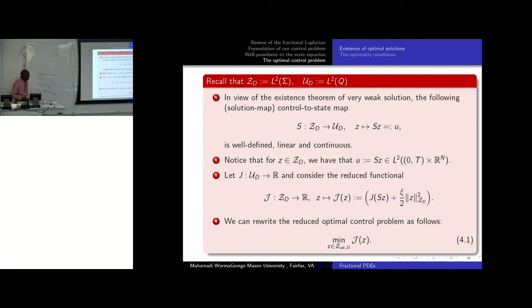Then our functional can be changed: instead of writing it this way, we can just write it depending only on our control variable. Capital J of Z is the small j of S of Z, where S of Z is exactly U, plus the penalization term. Then our problem becomes to minimize this functional under the condition that Z is in the set of admissible controls.